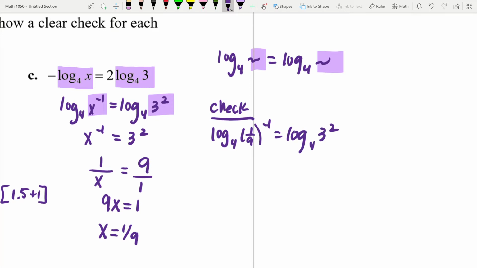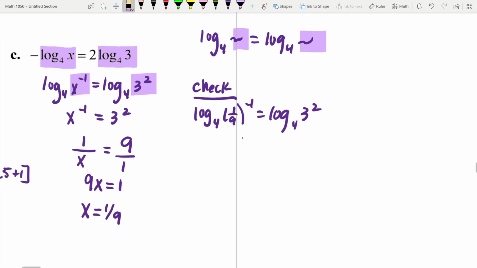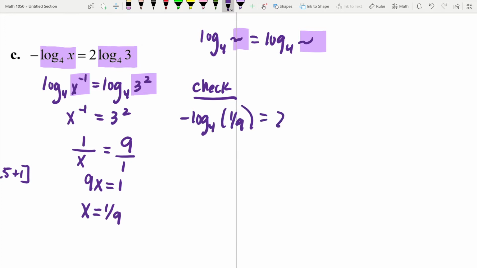Is that okay for my check? Nope, it's not okay. And you won't get points for the check. Why not? You check from the original problem. Yes. So this is negative log base 4 of 1/9 equals 2 times log base 4 of 3.